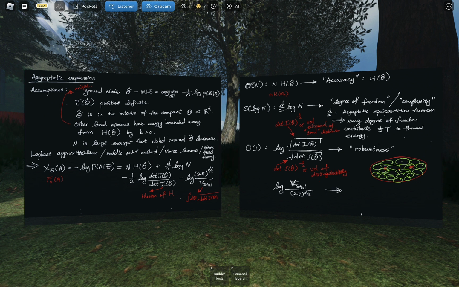So this is related to how constrained our model is. If two models have the same accuracy, same degree of freedom, and same robustness, then whichever model has the smaller space of distributions wins.